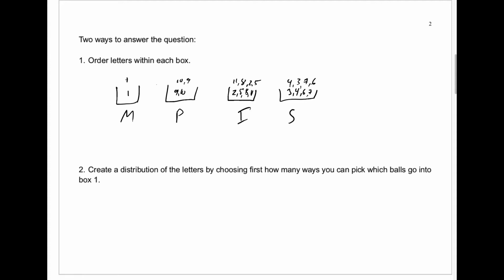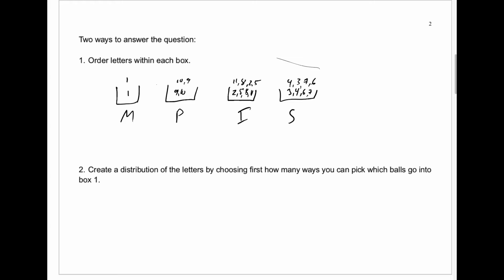And if I just told you number 1 goes here, numbers 10 and 9 go here in that order, numbers 11, 8, 2, and 5 go here in that order, numbers 4, 3, 7, and 6 go here in that order, that would really be creating the same distribution. I have the same balls going into the same boxes. How many ways are there to count these things which aren't distributions, but strings of the numbers 1 through 11?